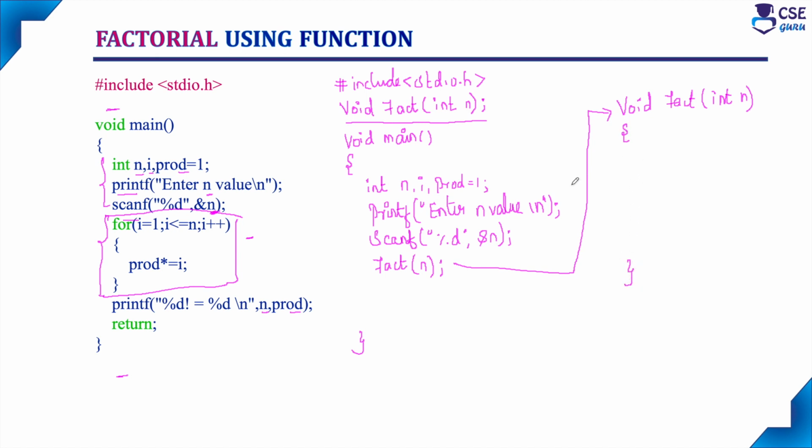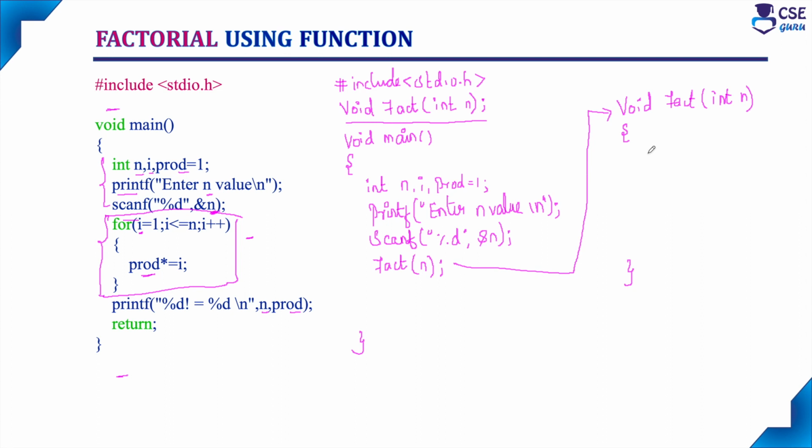In the function body part, we will implement this logic, since we will get this n value. In the function body also, there are three parts: one is the declaration part, next is the execution part, and the return statement. In the declaration part, i and product are the variables we have used within the user-defined function, and this represents the local declaration.